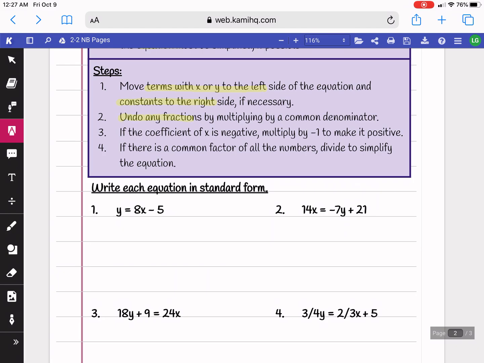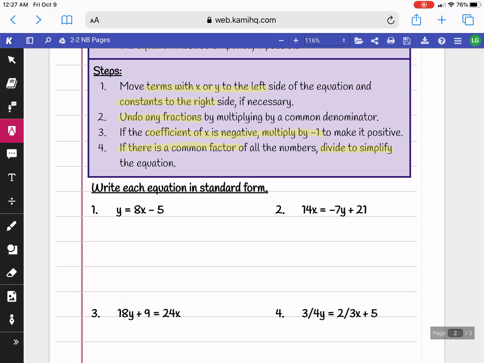You want to undo any fractions. You want to make sure that the coefficient in front of x, if it's negative, is multiplied by -1, because the number in front of x needs to be positive. And if there is a common factor, you divide the numbers to simplify by that common factor.